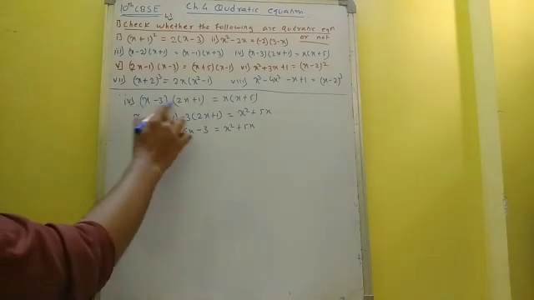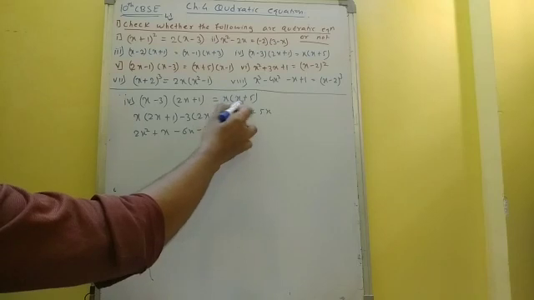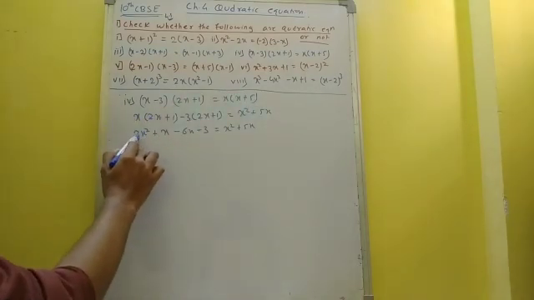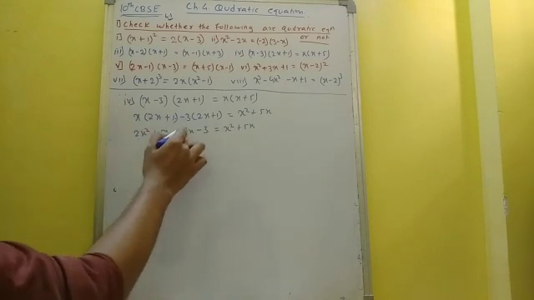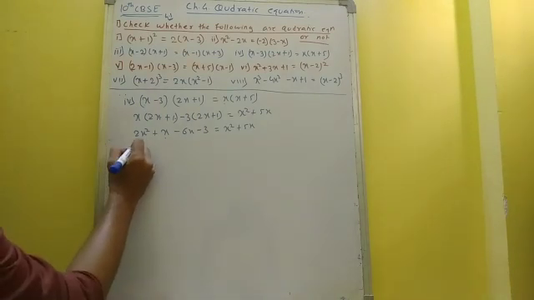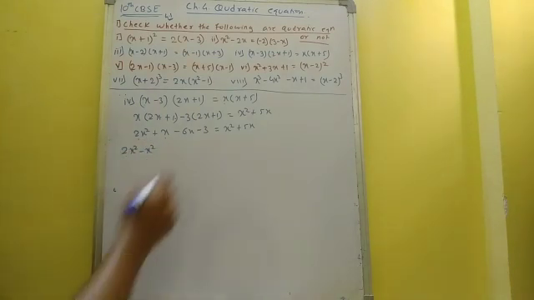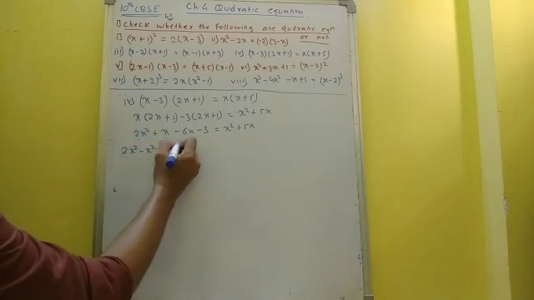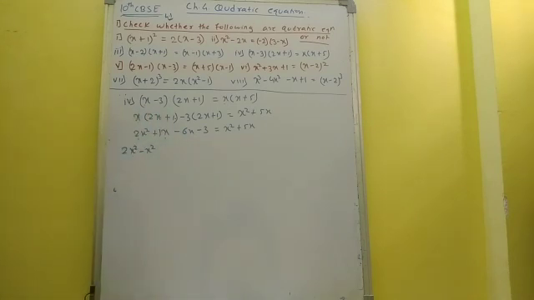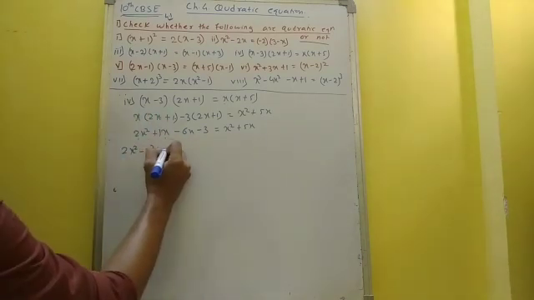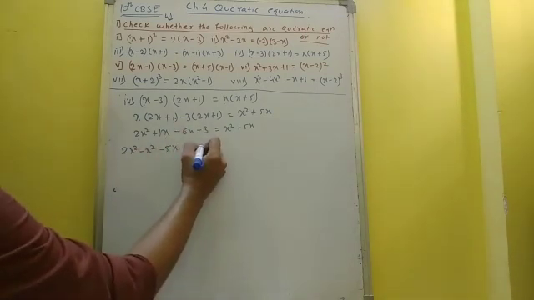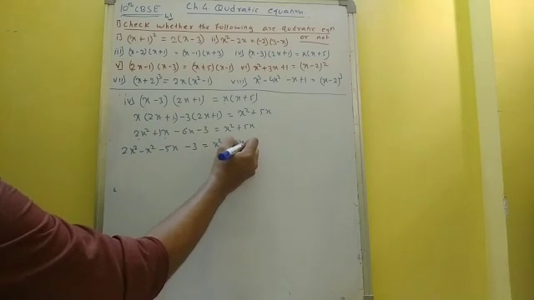I will cross check it. x multiplied by the whole bracket, minus 3 multiplied by the whole bracket. x into x is x square, 5 into x is 5x. So 2x into x is 2x square, x into 1 is x, minus 3 into 2x is minus 6x, minus 3 ones are minus 3. So 2x square, minus 6x plus 1x is minus 5x, minus 3 is equal to x square plus 5x.